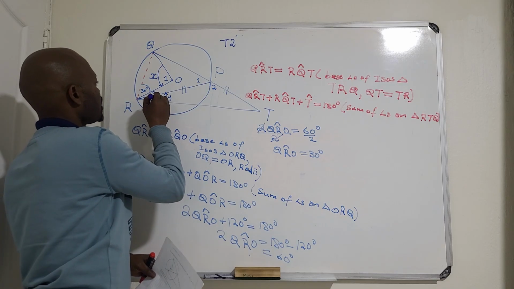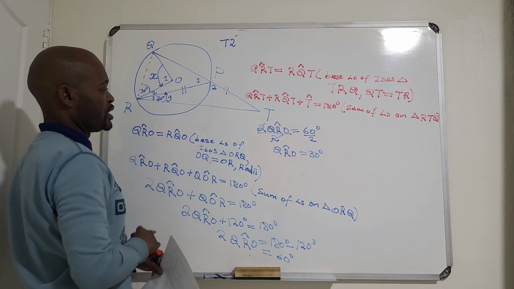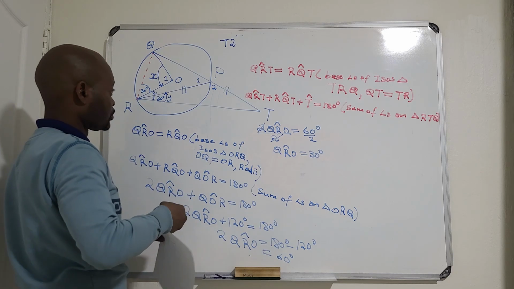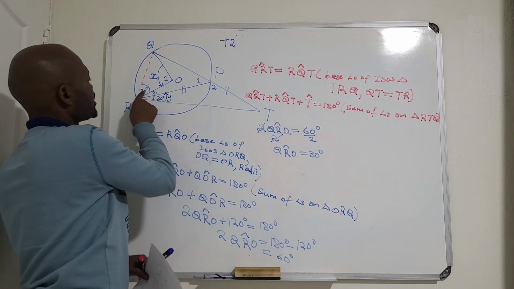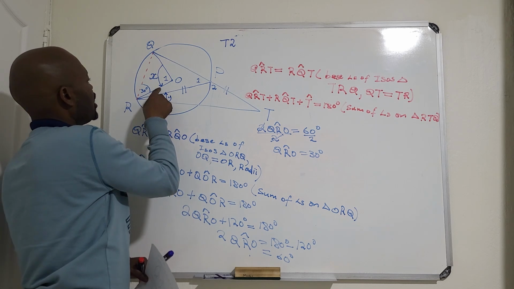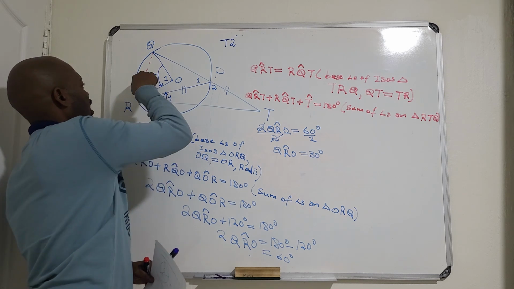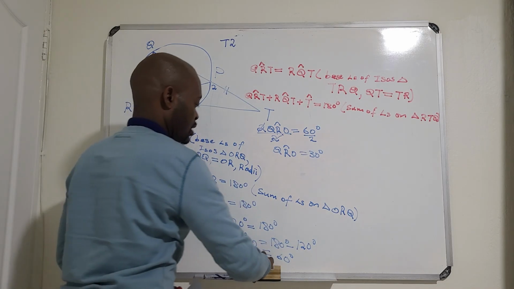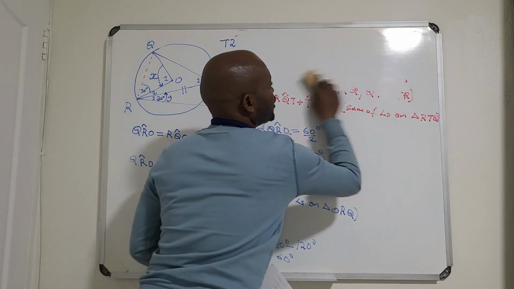We know also that this angle here is equal to 30 degrees. Now, we do have this angle, we do have this angle. Now we can find this angle because we do have the whole of this angle. Let's write it down. Can I remove here?